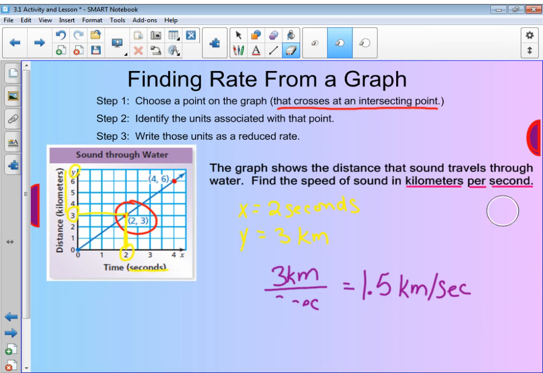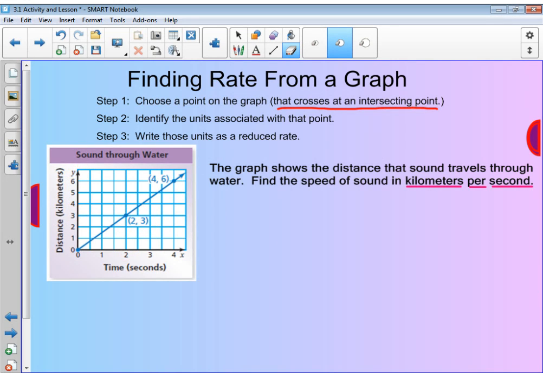Okay, so we're going to go ahead and do a few of these for right now. And I want you to take note, had I picked this one up here, then it was going here. So my 4 was my time. So before that was my X's are on the bottom. So 4 seconds.